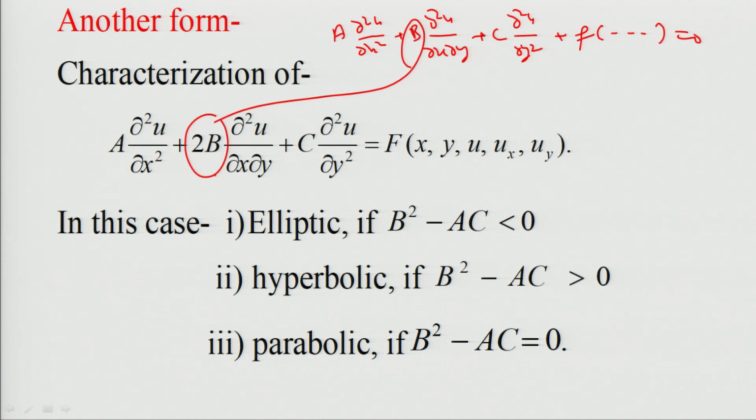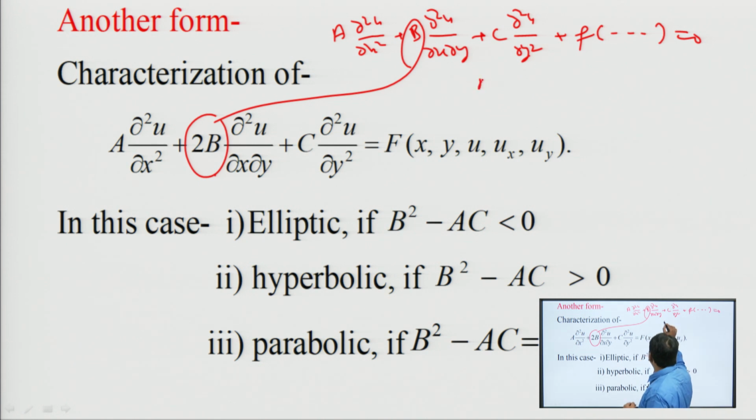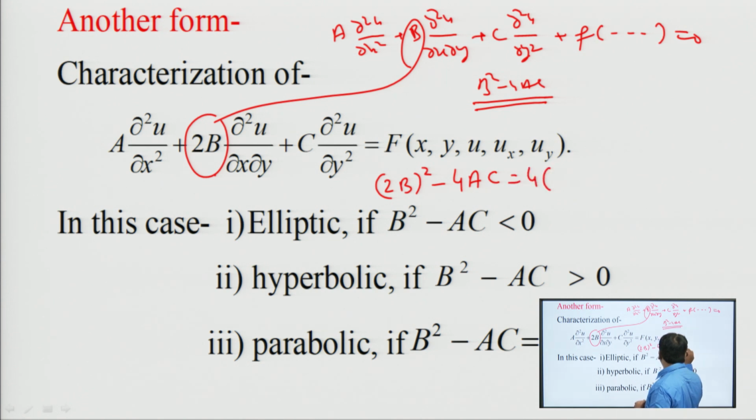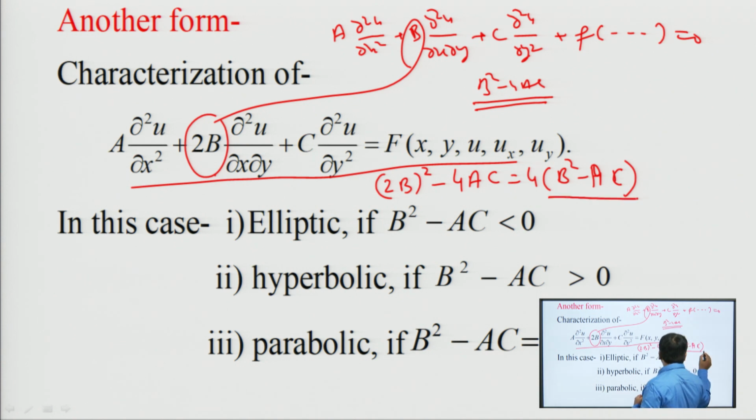To find the classification of such a differential equation, we have to calculate (2b) square minus 4ac, which is equal to 4 into (b square minus ac). So for this differential equation, the conditions are these.